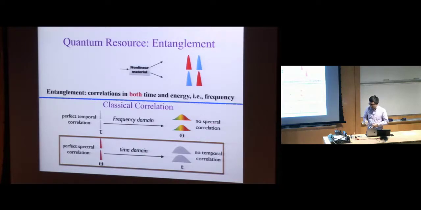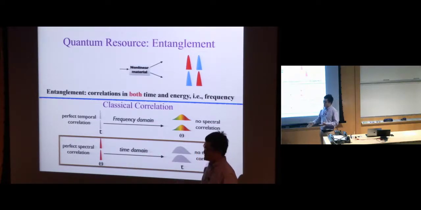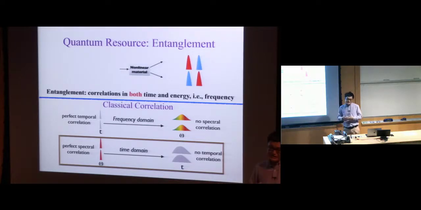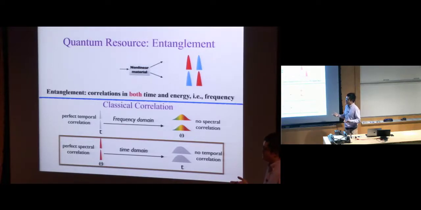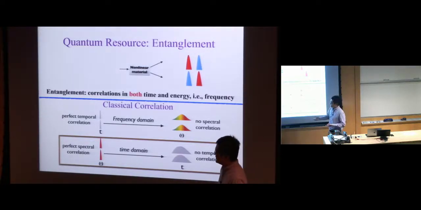Now, what about creating two photons that share the same frequency? What is this situation? You just use two narrowband lasers, so you completely correlate the color or the wavelength of the two lasers, so that the photons emitted from the two lasers are completely correlated in their frequency.